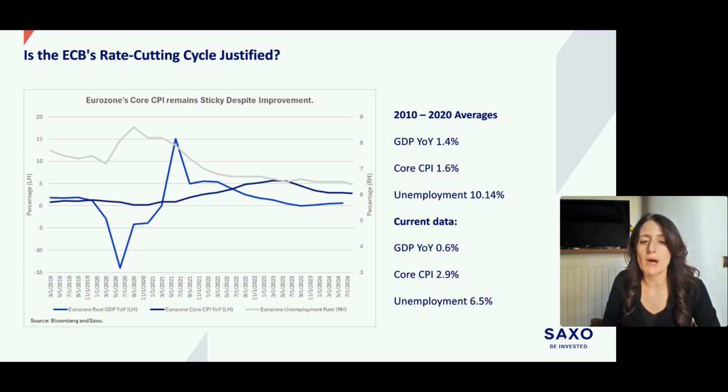The recovery is by all means below what the market was expecting, but it's still a recovery, which is happening in a context where unemployment is low and core inflation is still around 3%. So I think that also in this case, the ECB obviously has more room to cut rates when we look at the weakness of the economy.